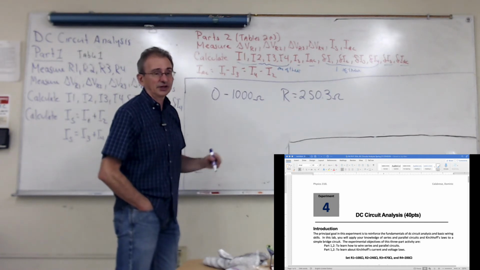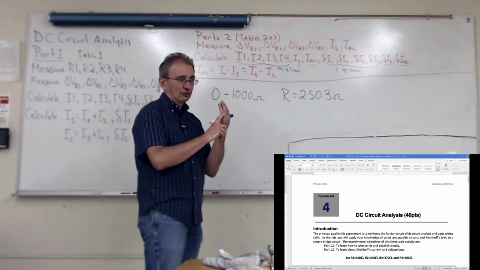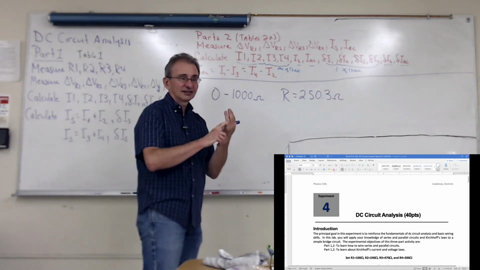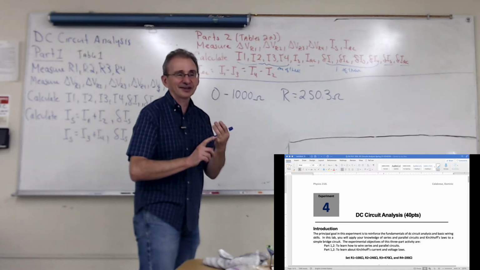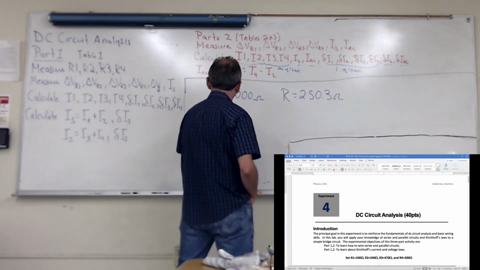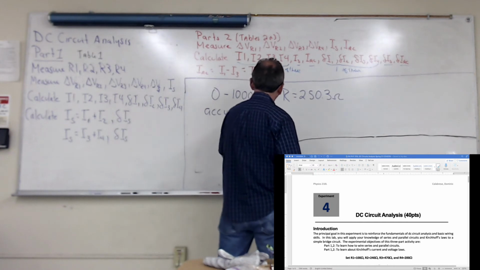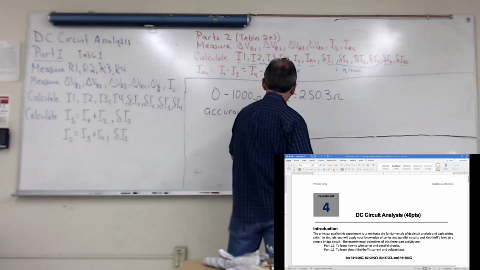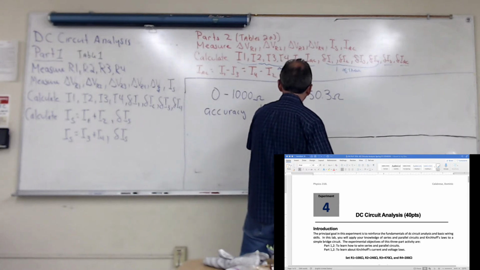Okay, because when they design this, the uncertainty takes into account random error plus systematic error. When we do our experiments, we only focus on random error. So it'll say accuracy. In my example, 1% plus 5 digits.